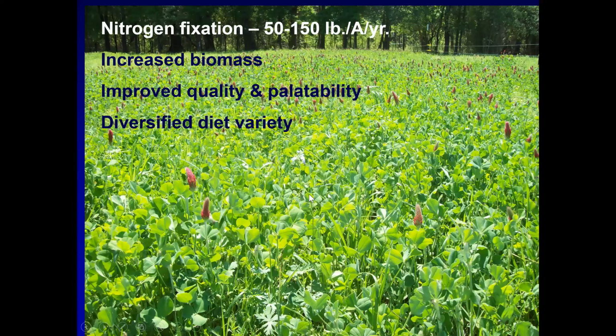Okay, so one thing about adding leguminous forages is they will make the soil very productive because they will fix the atmospheric nitrogen that we already talked about. Nitrogen fixation for crimson clover has been estimated ranging from 50 to 150 pounds per year per acre, and that will also increase the biomass of the forages and improve quality and palatability for animals, and it will also provide a diversified diet variety for animals.